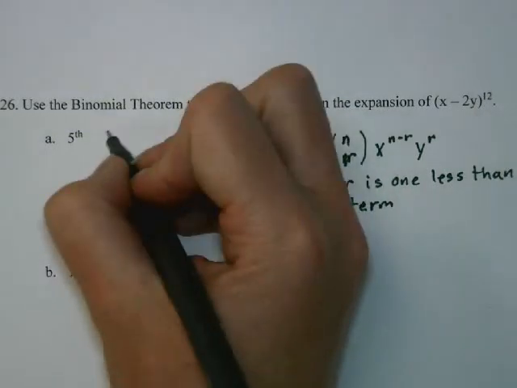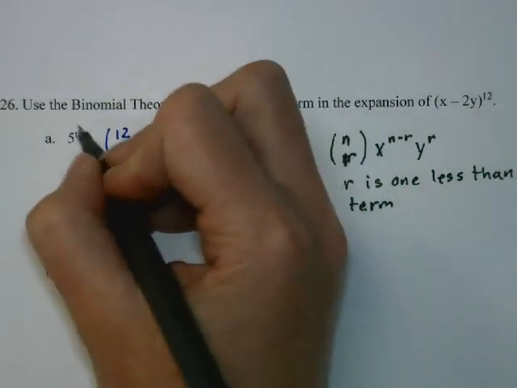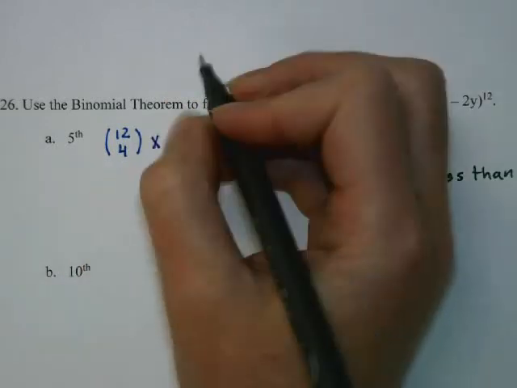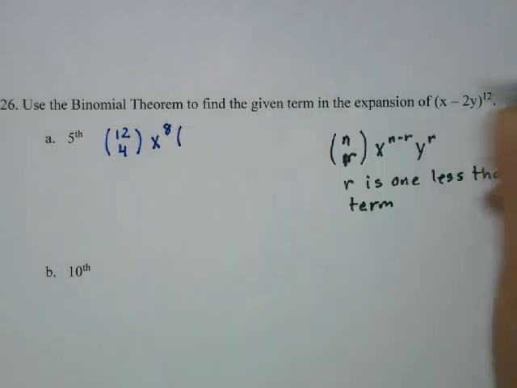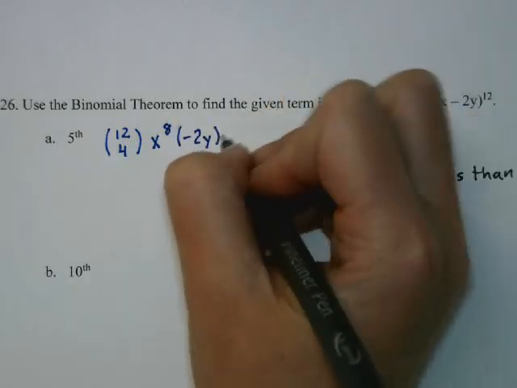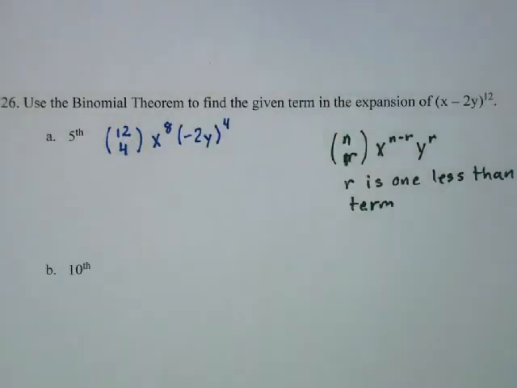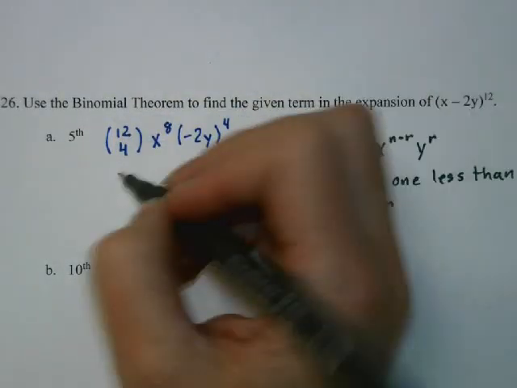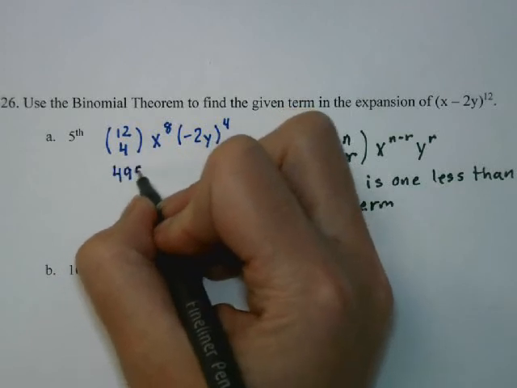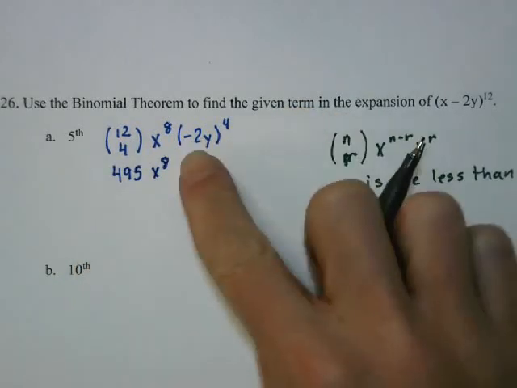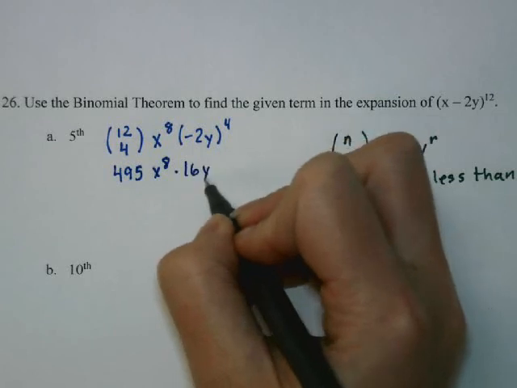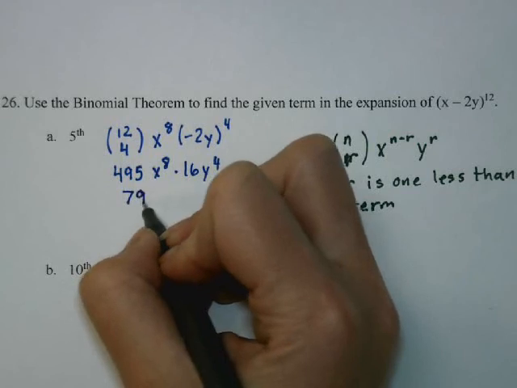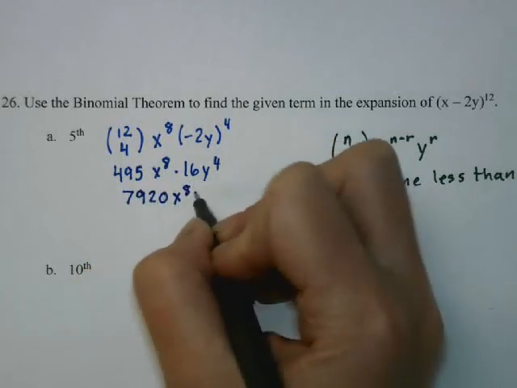If this is the 5th term, my r is 4. We're going to have x to the 12 minus 4, which is 8, and then the negative 2y to the 4th. Use your calculator to do the combination, or you could use Pascal's triangle. This will be 495 x to the 8th. This will be a positive 16y to the 4th. And then we multiply those together to get that.